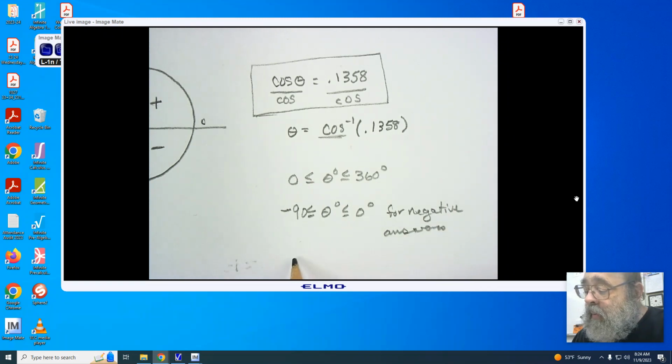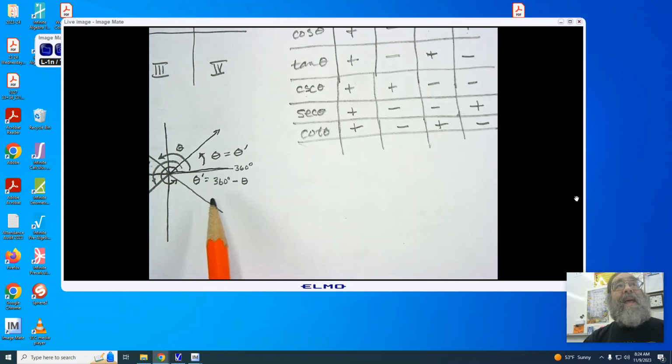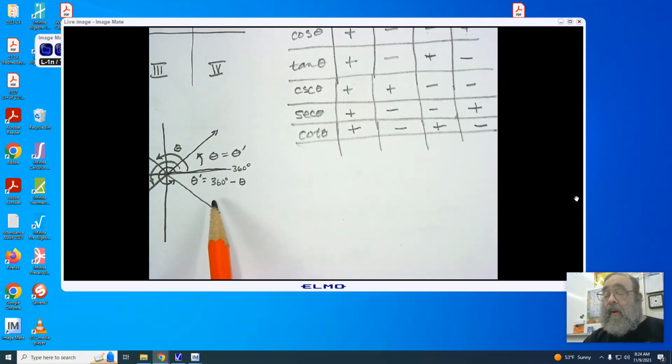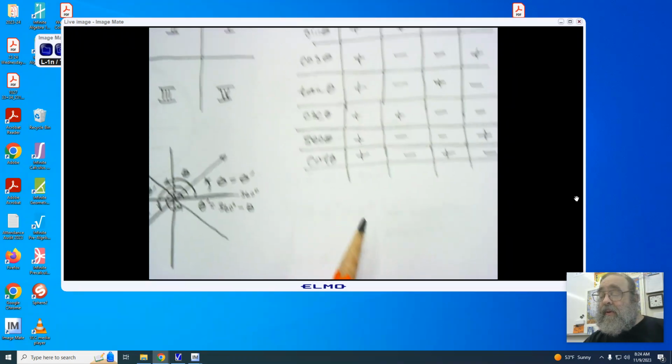And then when we're working with a positive answer, we're going to be looking at 0 degrees up to a positive 90 degrees. And as we've already mentioned, when we get that negative answer, it's actually the negative reference angle. And we're going to have to find the angle by simply adding 360 to it.